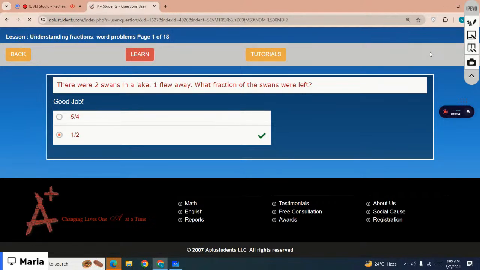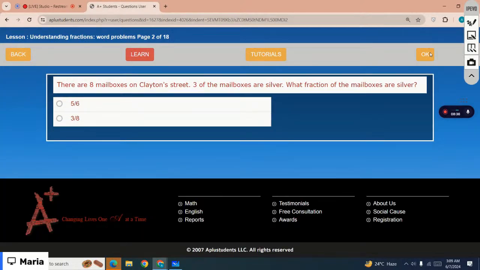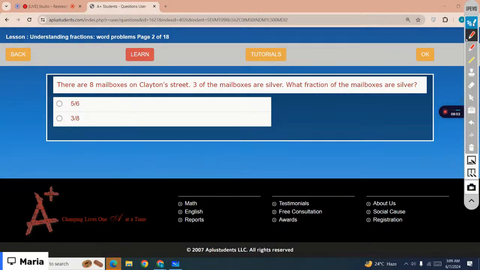Okay, the next one is there are 8 mailboxes on Clayton Street. Three of the mailboxes are silver. What fraction of the mailboxes are silver? You have to find how many of them are silver. So there are a total of 8 mailboxes, right? And out of 8, no, not 8 out of 3, that is 3 out of 8.